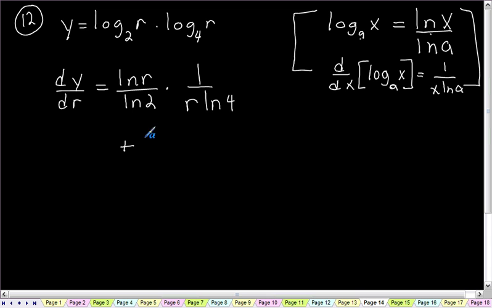Plus the second, which is just ln r, times the derivative of the first. The derivative of the first we know is 1 over r ln of 2.